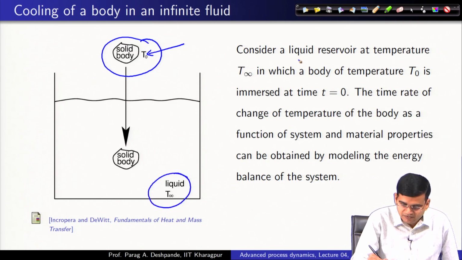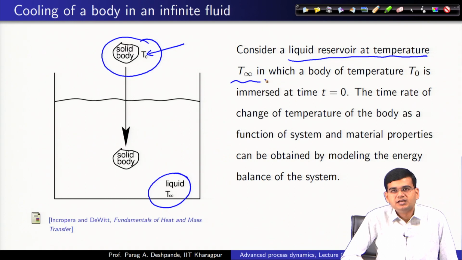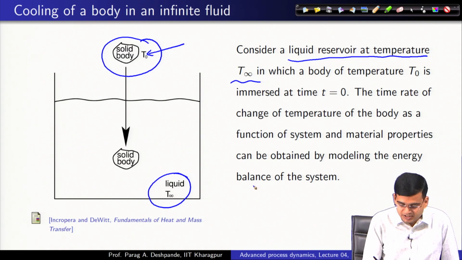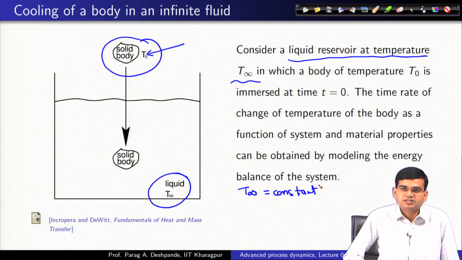So, liquid reservoir which is at a temperature T infinity. Reservoir by definition means that the temperature of the reservoir is not going to change, which means T infinity is going to be a constant. In our entire analysis, T infinity is going to be considered a constant.